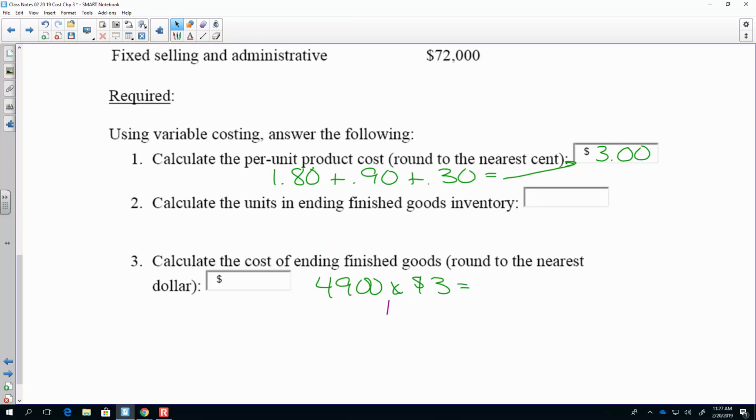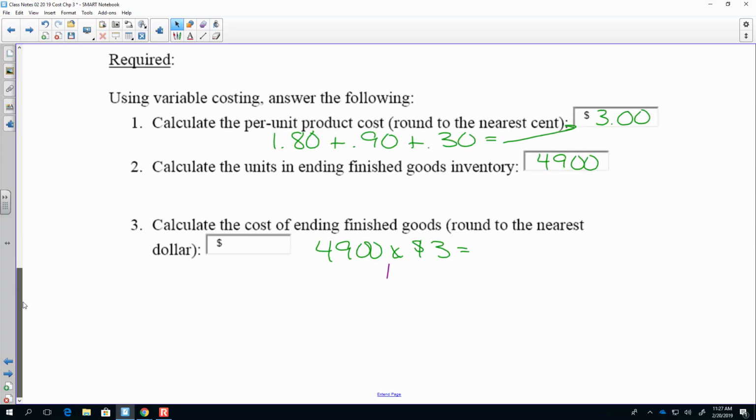It's still the same amount, 4,900, and then $14,700. Is that all right with everyone?